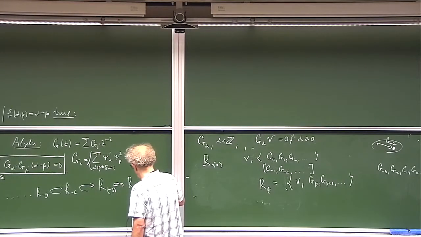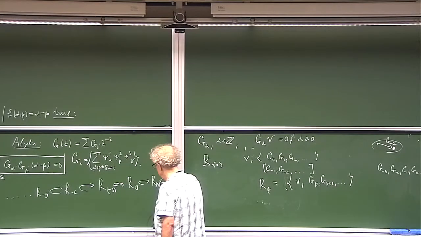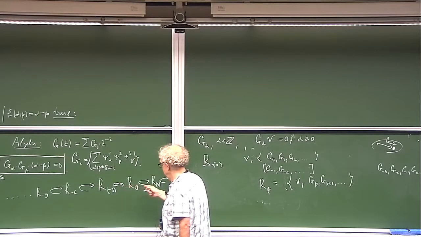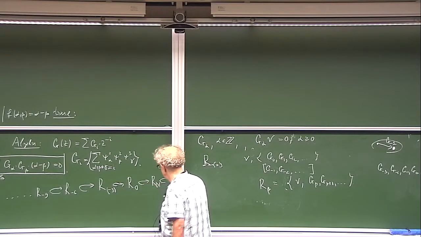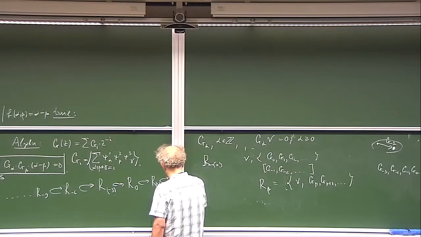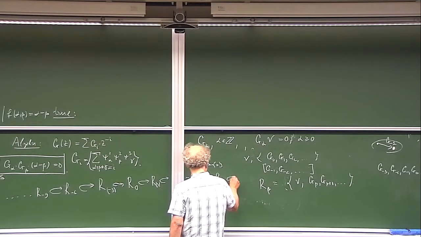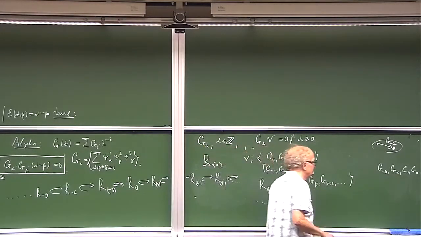I can write down this R3, then R6, and so on. And so we will get a representation of my algebra and such kind of embedding. What I'm interested in is R3, then next R6, next R9, and so on.